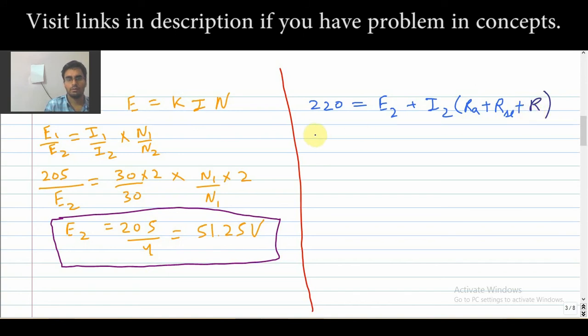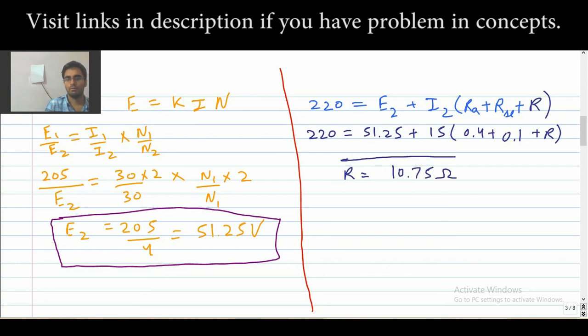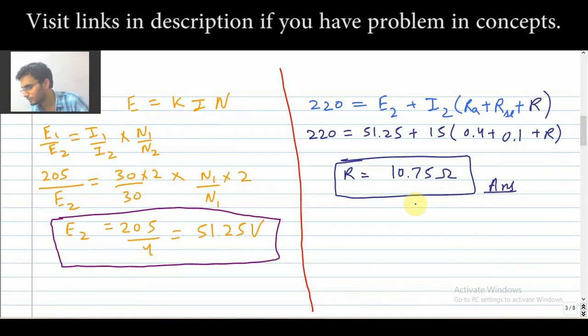So 220 is equal to E2 is 51.25, I2 is 30 by 2, that is 15, RA is 0.4, RSE is 0.1. It is a DC series motor. Plus R. So from here you can calculate the value of R. R will come out to be 10.75 ohms. So this is the answer of this question.